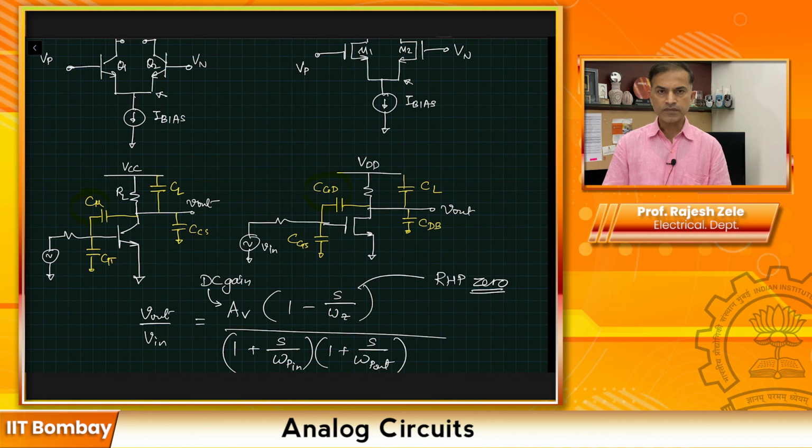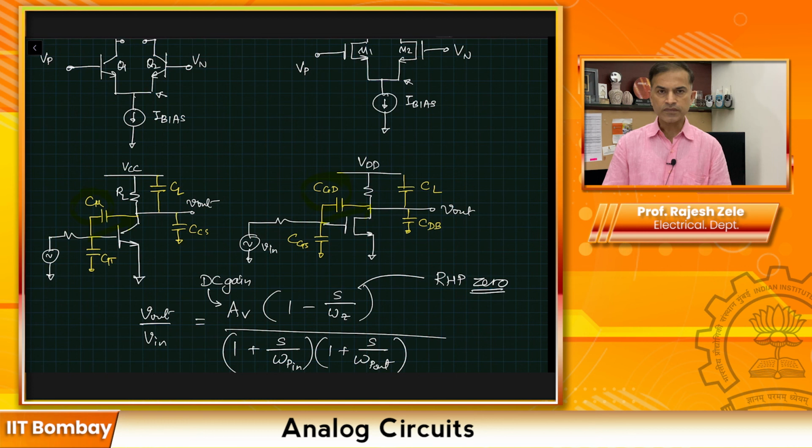They can dominate the frequency response. So I'll repeat the point. C mu and CGD, even though they are small numbers to begin with, because we have large gain from input to output, due to Miller effect will get multiplied by that gain, and they can deteriorate the performance of your amplifier.